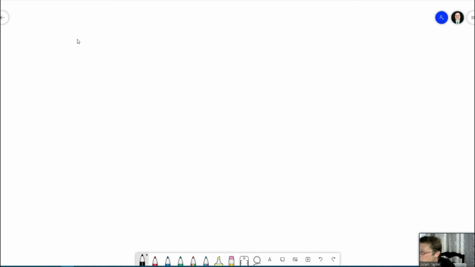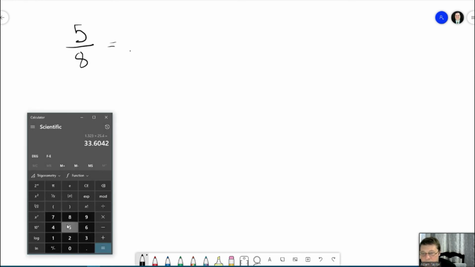So if we took, for example, let's go 5/8. If we take 5 over 8, and we want to convert that into a decimal fraction, the nice thing about the math that we get to do is we get to use our calculators as often as we want.